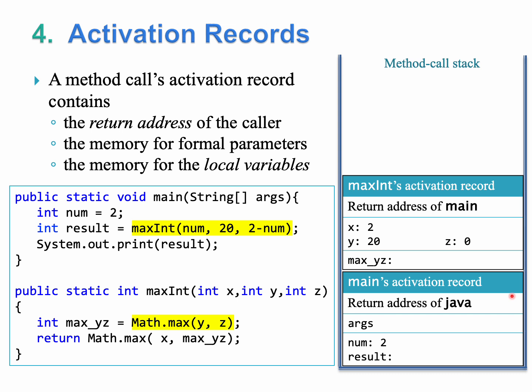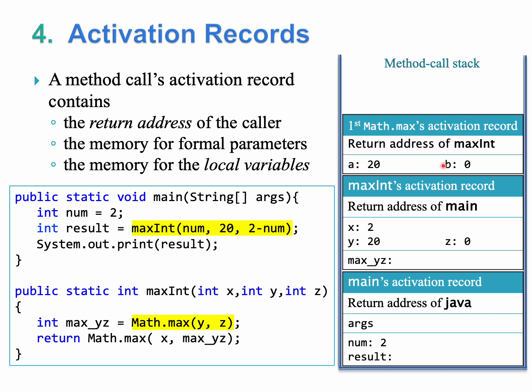The activation record of maxInt also contains its local variables max_yz. In the execution of maxInt, it first calls the max method of the Math class, which has two formal parameters, a and b, and no local variables.